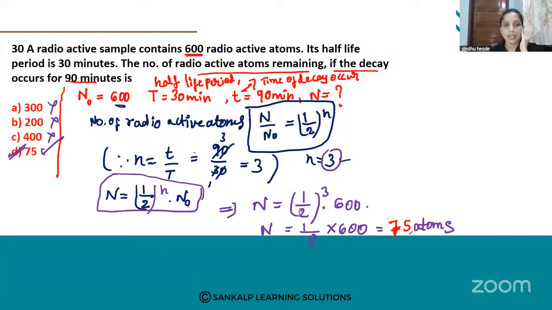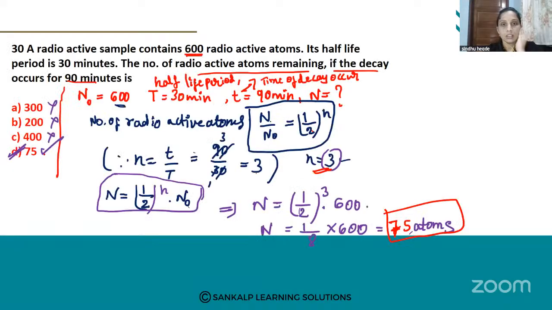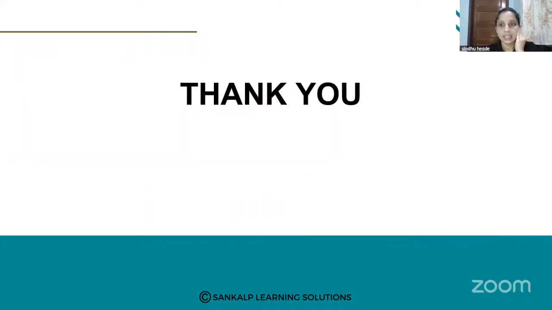So 90 divided by 30 gives 3. So now you get the n value, and substitute all this in your main equation. And finally you get the answer, that is 75 atoms are remaining in this question. Okay. So option D is the correct answer.